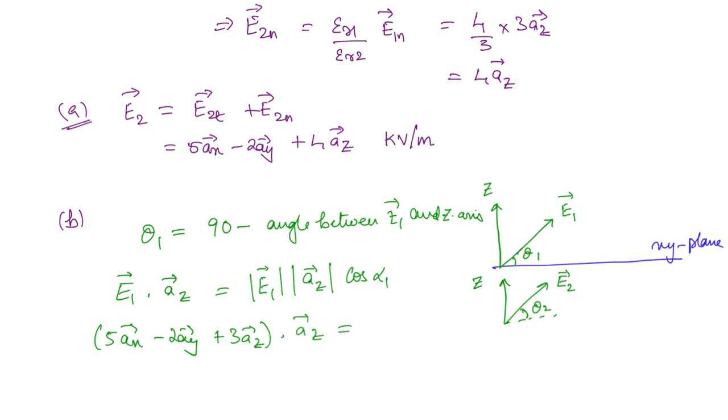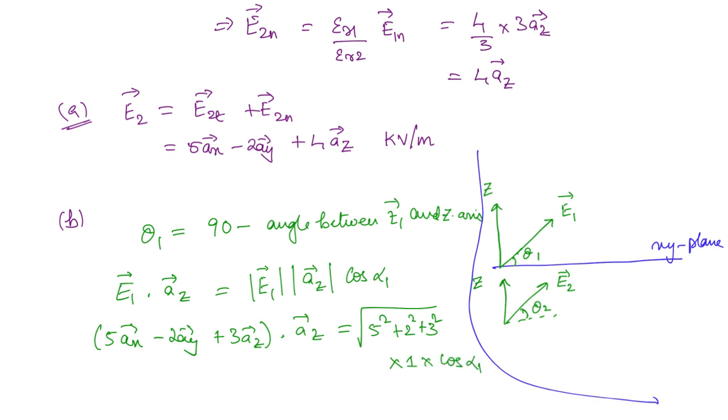This will be equal to the magnitude of E1 bar, which is root over 5 square plus 2 square plus 3 square. And what will be the magnitude of AZ bar? That is simply 1. So into 1 into cos alpha 1.